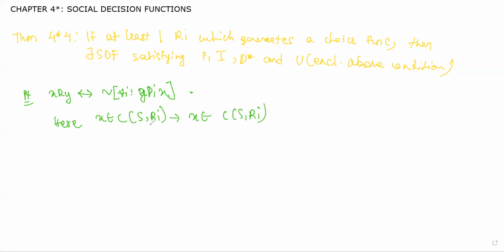Because then XRIY is true and therefore XRY must be true. Very simple, because if XRIY is true, then YPIX cannot be true. Now, that's very simple. And this is it. You can show it satisfies PID star very simply. Again, I will be excluding that here.